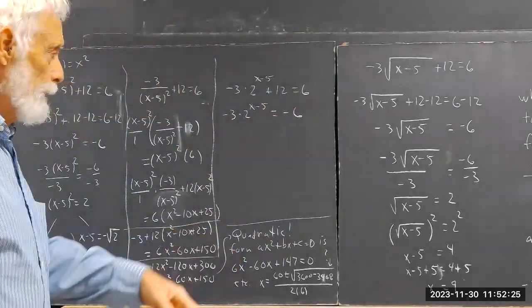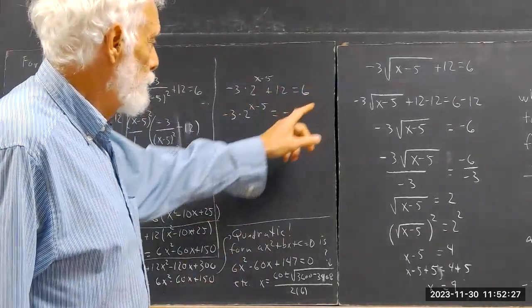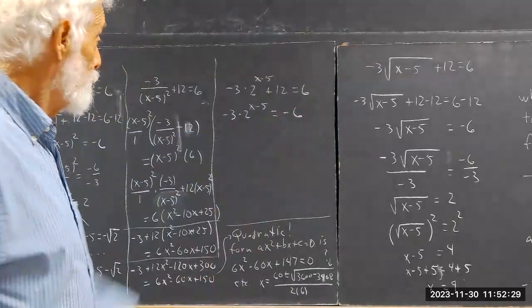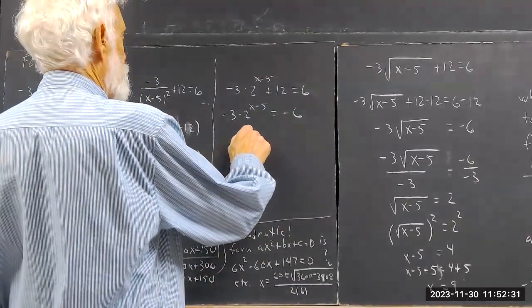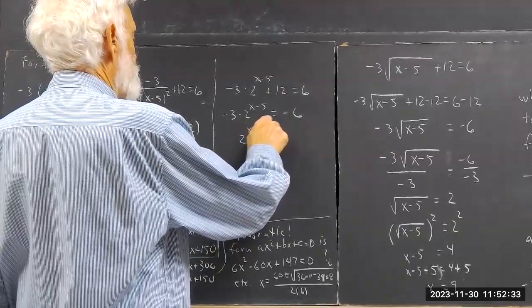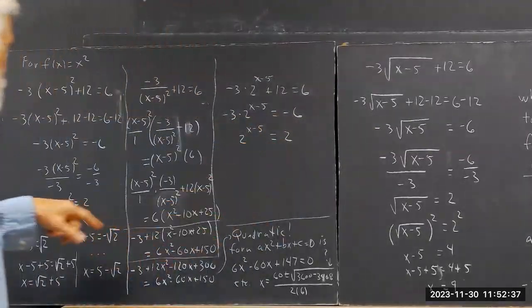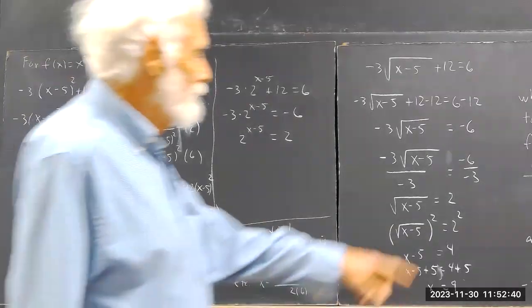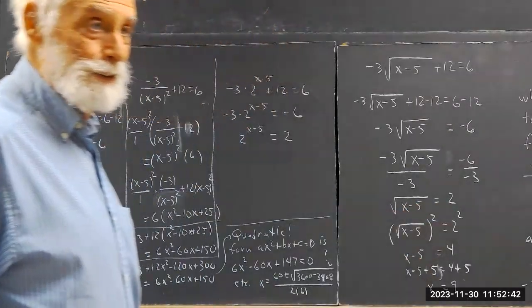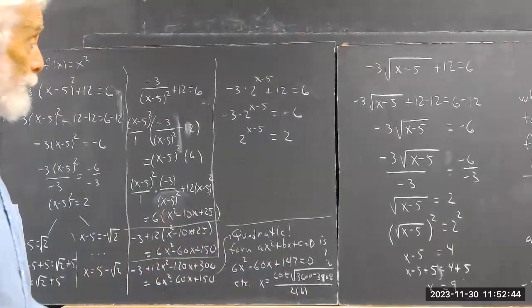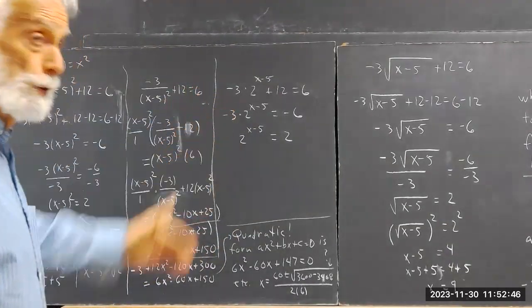Now, I'm not writing out every step. I subtract 12 from both sides to get -6. And then I divide by -3 and I get 2. For the same reason, I got 2 here and here. Exactly the same steps. So I haven't written them all out, but you should.